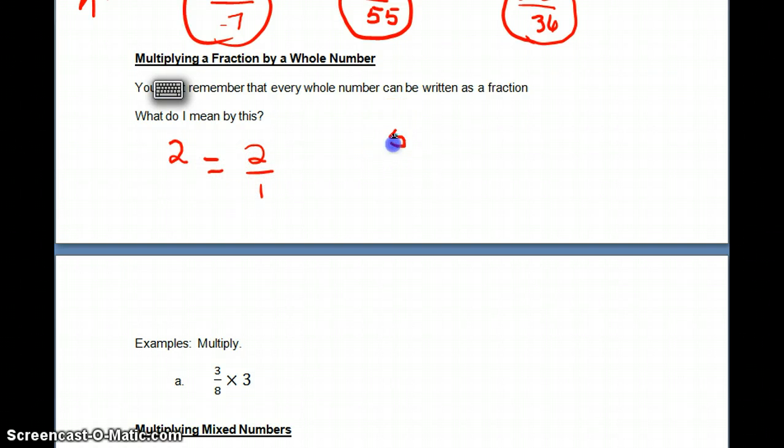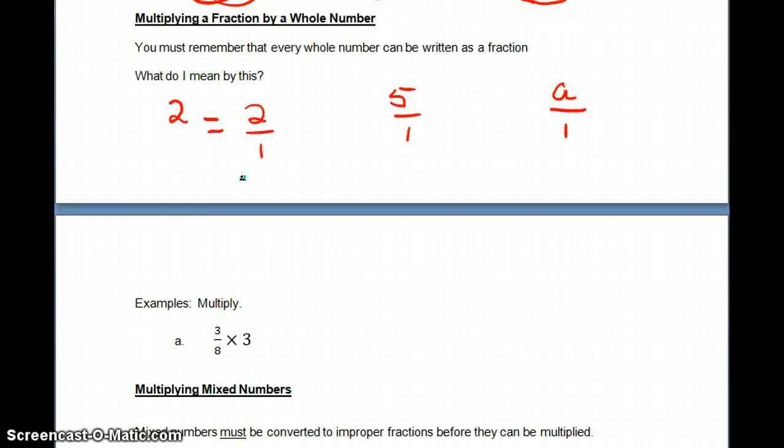If I have the number 5, it can be written as 5 over 1. If we have the number a, it can be written as a over 1. Okay? Every single whole number can be written as a fraction if we write it as that number over 1.